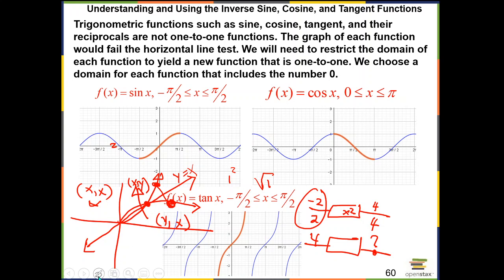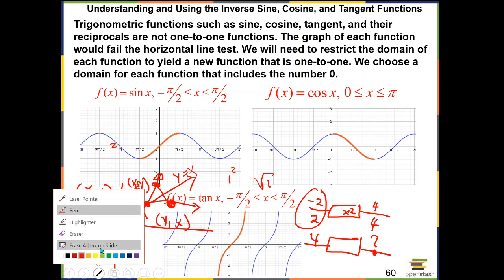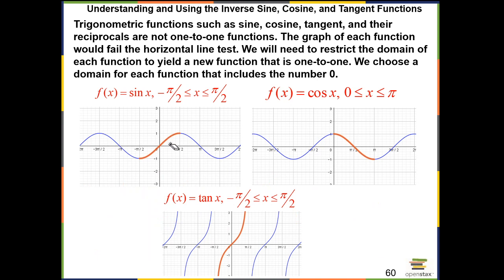Okay, so now for trigonometric functions, we see that none of them is actually one-to-one. Neither sine nor cosine nor tangent, none of them. So what do we have to do? Well, we have to decide. Remember, a one-to-one function is either increasing or decreasing.